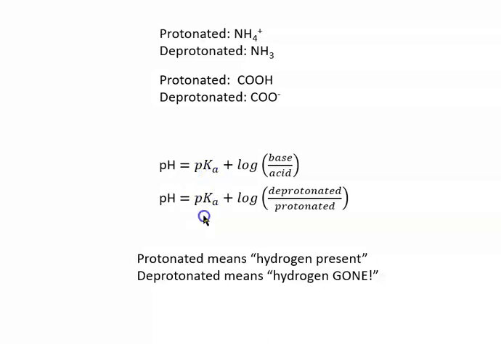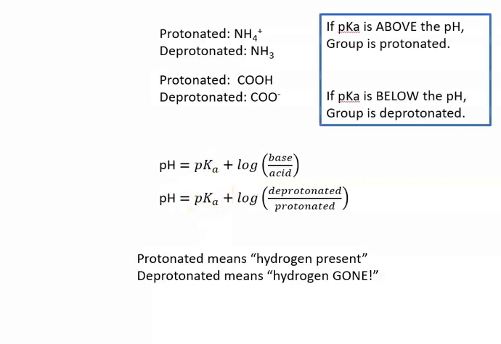So anytime you're trying to determine whether or not a functional group is ionized or deionized at a particular pH, you really should look up the specific pKa for that molecule if it's known.